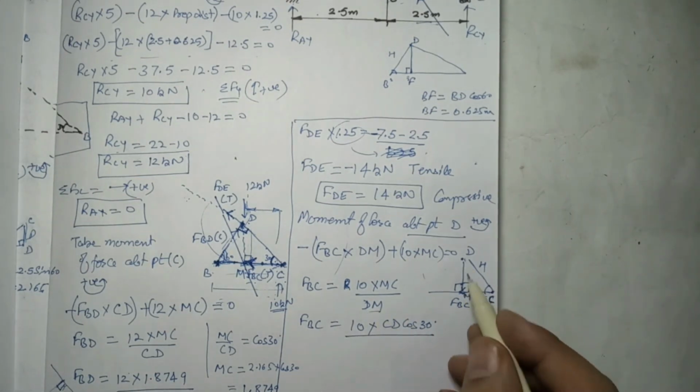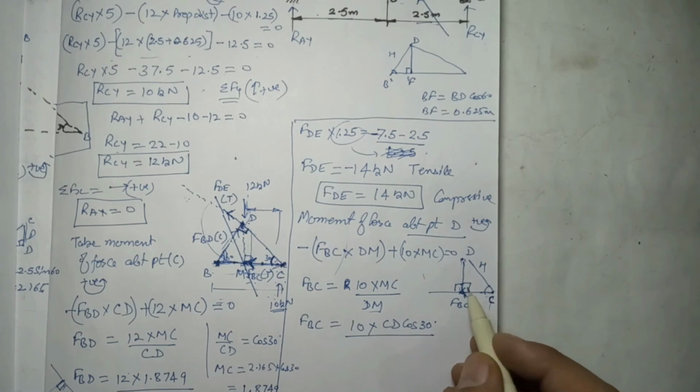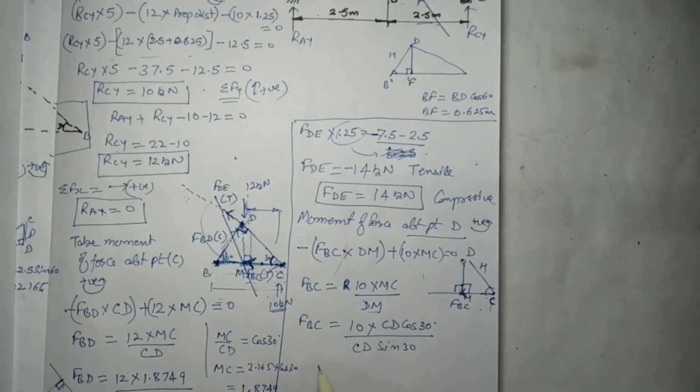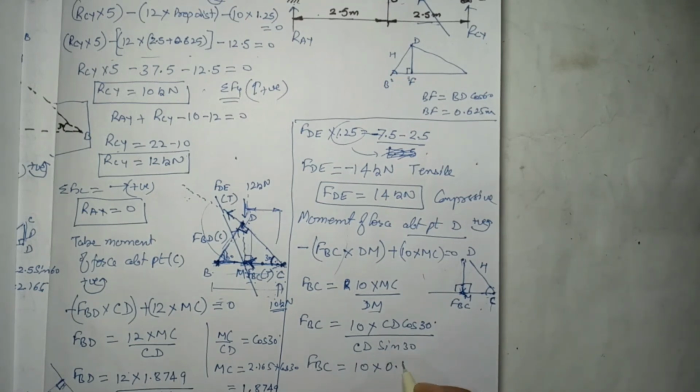Now what was the DM? This distance, right? Again we can use the same. This is now perpendicular, so I can say this is CD sin 30, perpendicular over hypotenuse. So FBC we are getting, that is 10 into 0.866 divided by CD into sin 30.